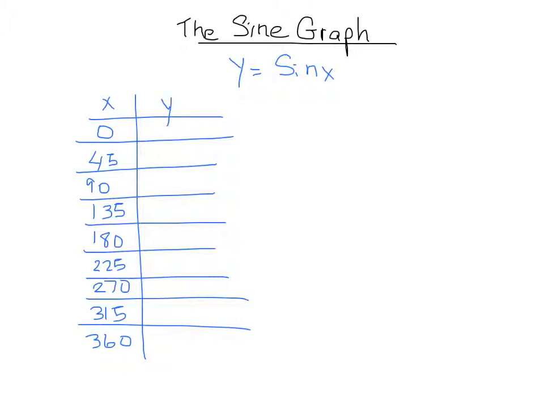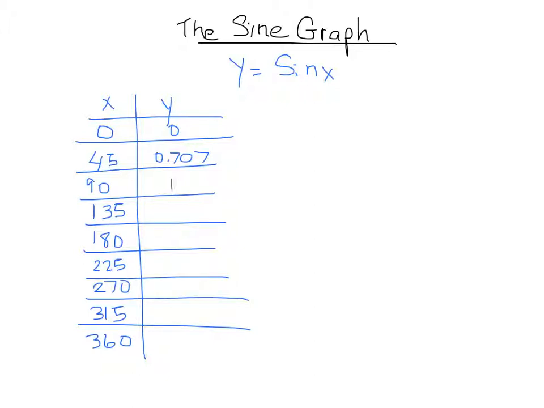Now, as for our y values, remember that y is equal to sine x. So we can plug each of these x values into sine x on a calculator, or we can use our triangle trick that we've learned, and we'll get that y, in this case, is 0. 45, sine 45 is 0.707 if you use your calculator approximately, or root 2 over 2 if you're doing your triangle trig.